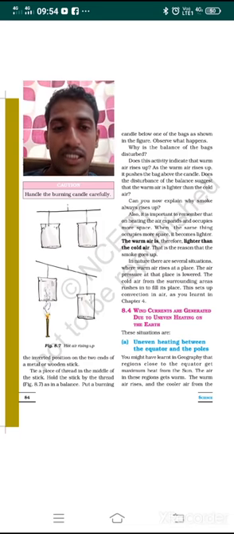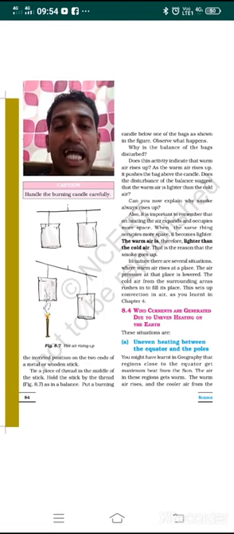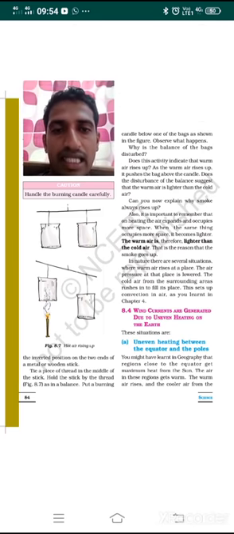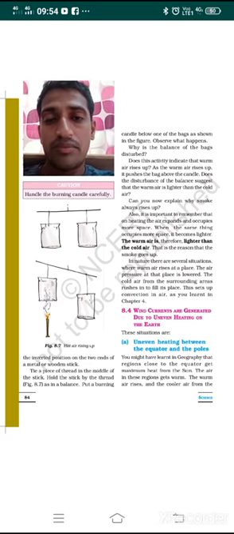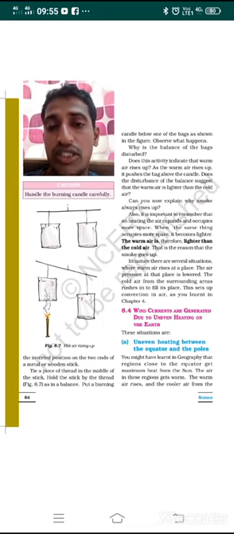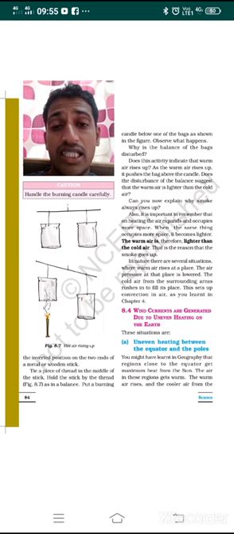When the warm air rises above the candle flame, it pushes the bag upwards, and the bag becomes lighter. That's why there is a disturbance in the balance, as warm air is lighter than cold air. Warm air is always lighter than cold air.